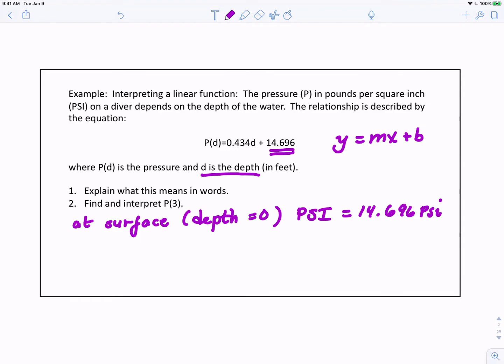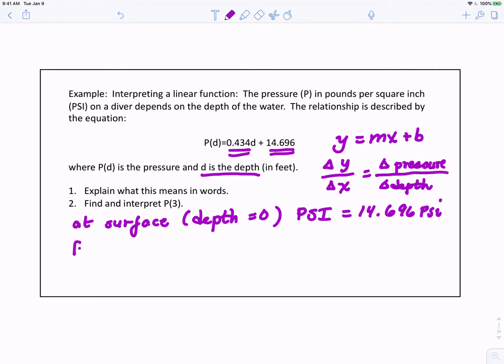This other number here, the number in front of D, is the slope. And remember, what is the slope? Slope is the change in your y variable over the change in your x variable. In other words, it's the change in pressure over the change in depth.